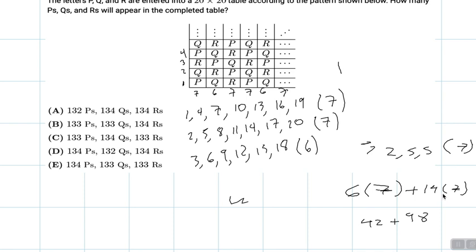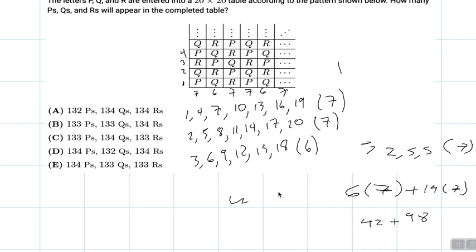6 times 7, 42. Let's think about this. 7, 6, 7. Yeah, 6 columns.